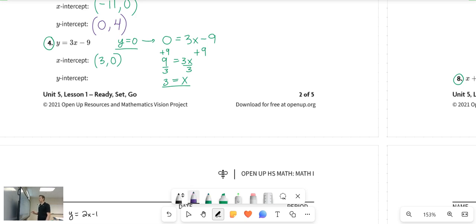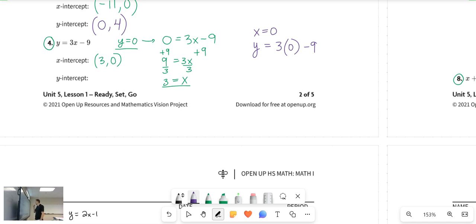All right, for the y-intercept, we're going to say x is 0. So x equals 0 for the y-intercept, which means we can write y equals and then just plug in 0. So it's 3 times 0 minus 9. And we wouldn't actually have to solve this.